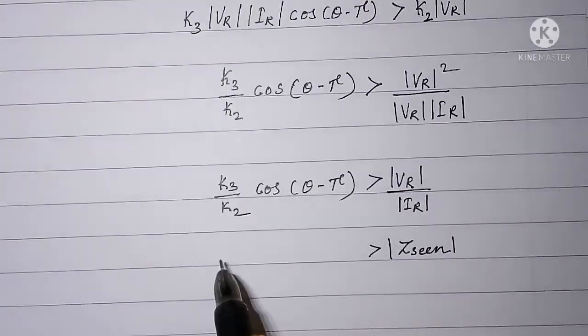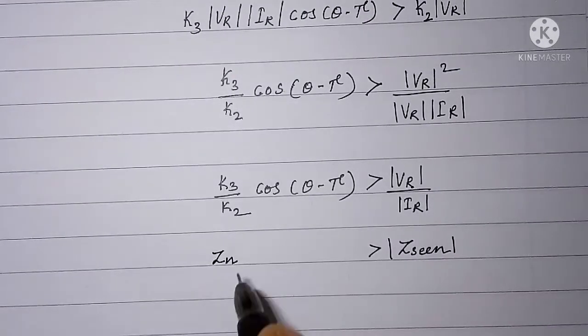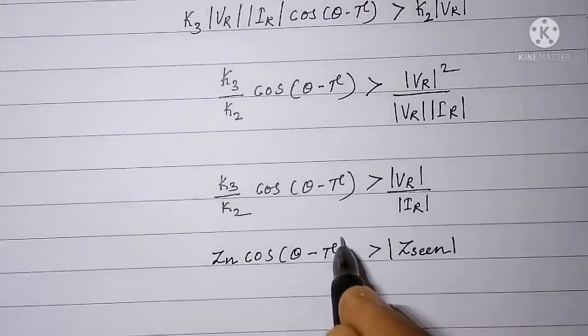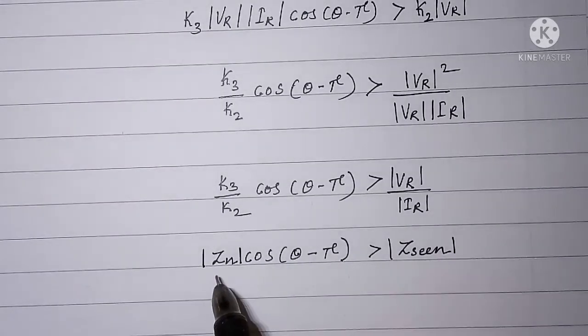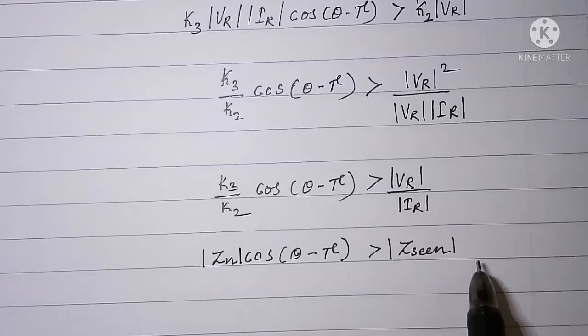And we will call K3 by K2 as Zn. Zn into cos of theta minus tau, which means relay will trip when Zn into cos of theta minus tau is greater than Z seen.